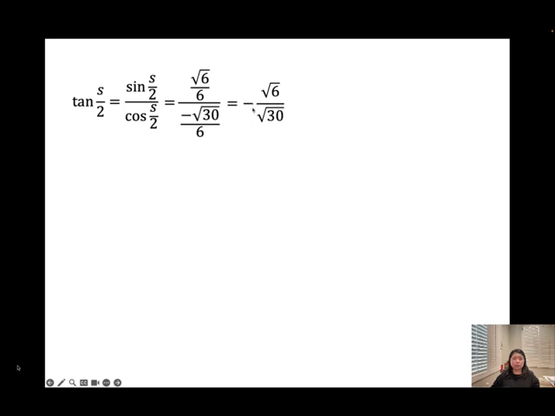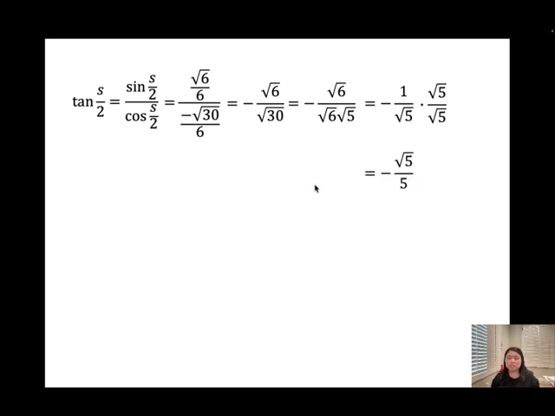Negative. Before I rationalize, I could simplify the square root of 30 a little bit. Root 6 times root 5 is equal to root 30, and then I could simplify the root 6 here. Now rationalize. Final answer, negative root 5 over 5.